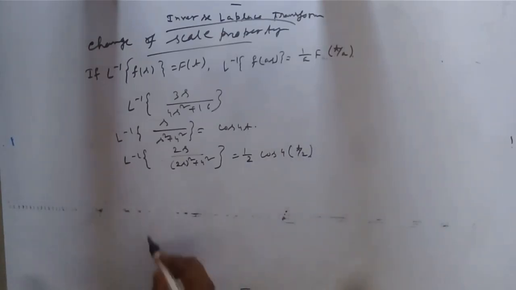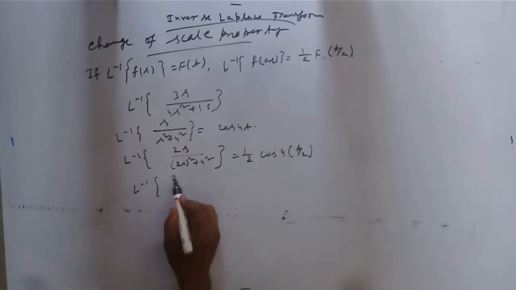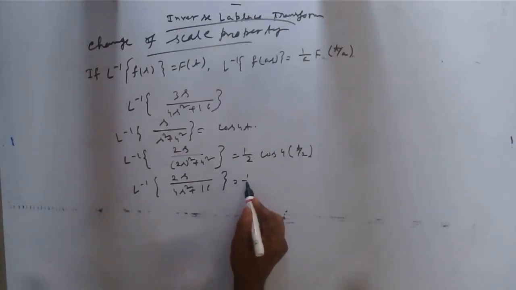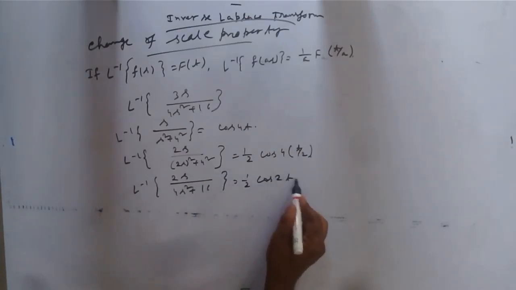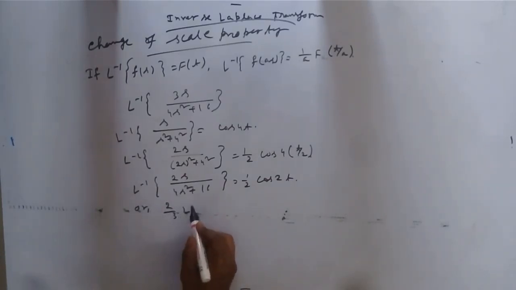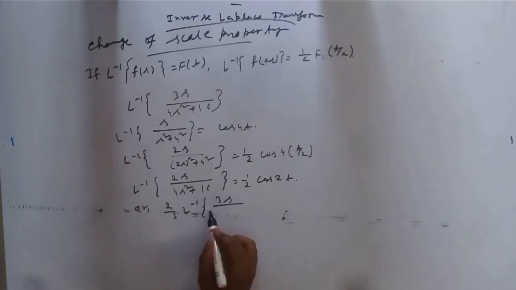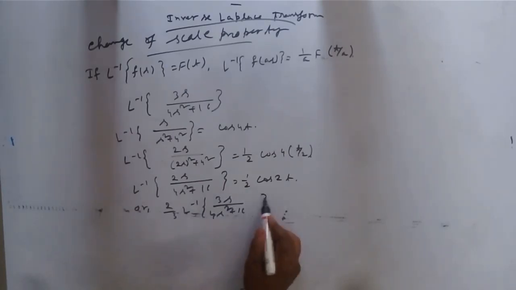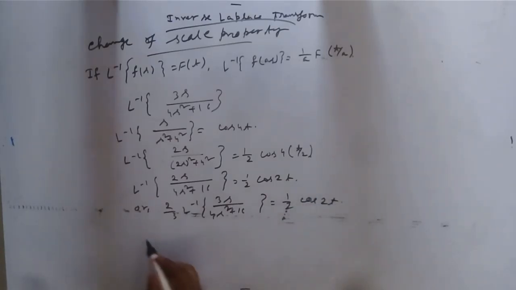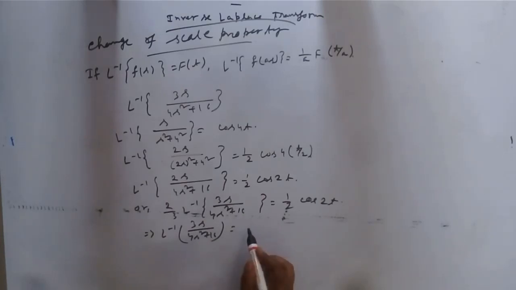Okay, now L inverse of 2s by 4s square plus 16 equals half cos 2t, or 2 by 3 L inverse of 3s by 4s square plus 16 will be half cos 2t. Therefore, L inverse of 3s by 4s square plus 16 will be 3 by 4 cos 2t.